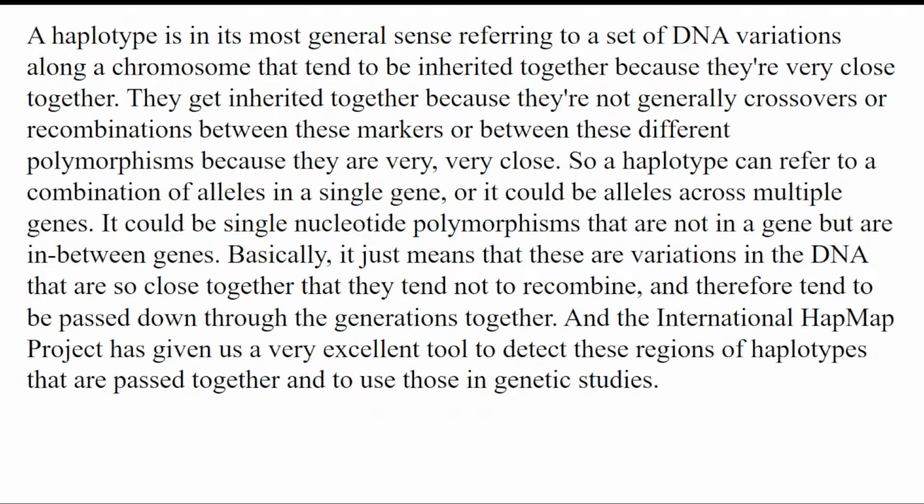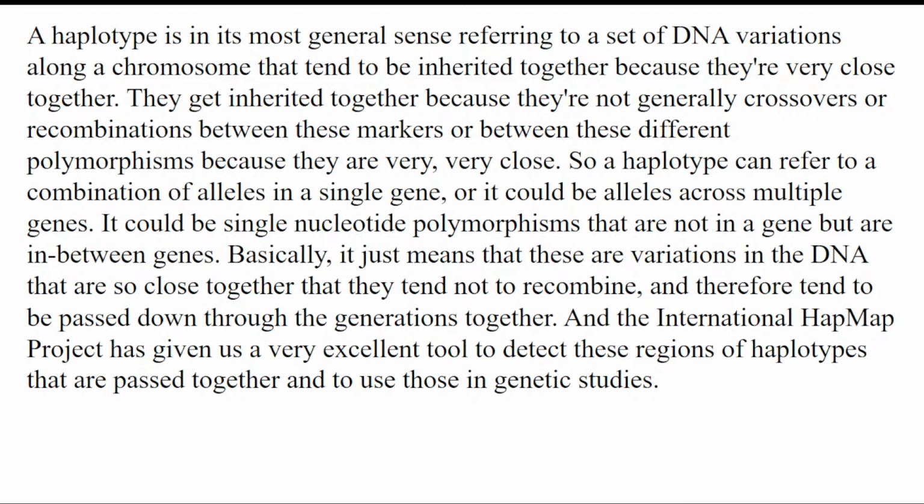A haplotype, in its most general sense, refers to a set of DNA variations along a chromosome that tend to be inherited together because they are very close together. They get inherited together because there are no crossovers or recombination between these markers or between these different polymorphisms, because they are very, very close.